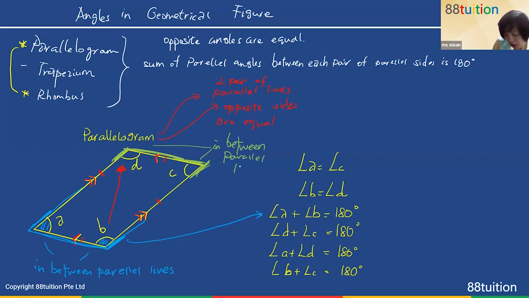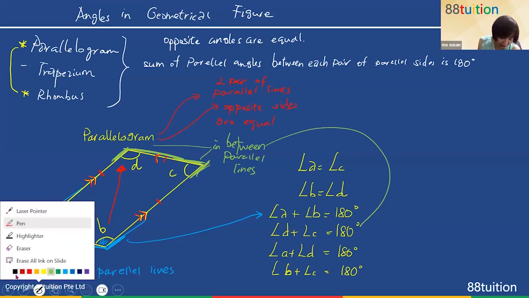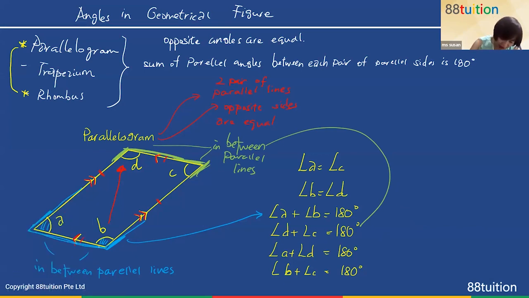So so long as they are in between parallel lines, they must add up to be 180 degrees. Wait, let me check. A plus B, D plus C, here, for this case. Okay, now you also can say that I can find another pair. Here, I also can do this. Do you see or not? Oh, wow, this is going to be messy, right? But it's necessary for you to know.